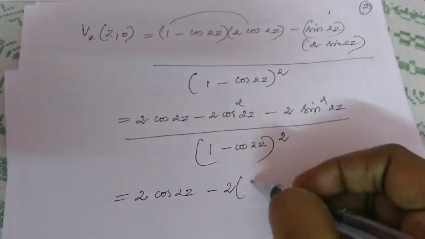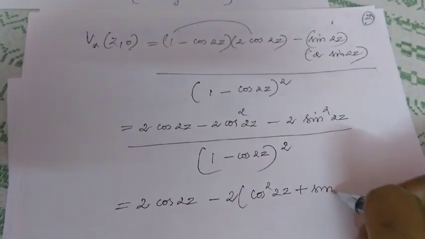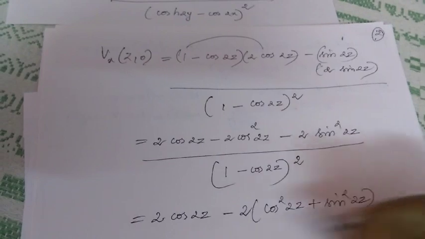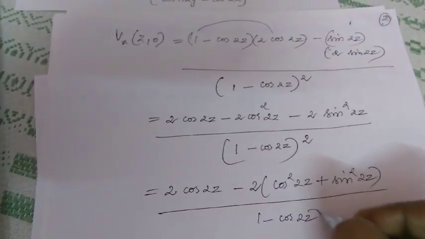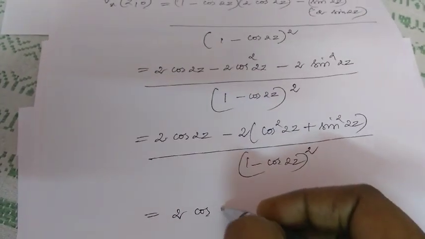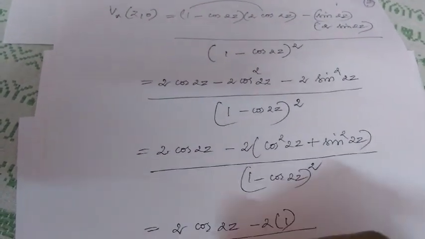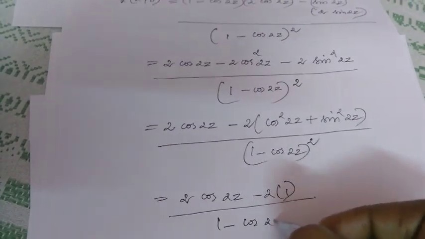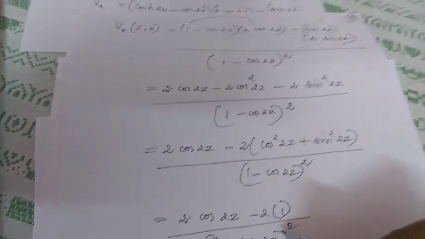So you will get cos square 2z plus sin square 2z by 1 minus cos 2z whole square, and that is equal to 2 cos 2z minus 2 into 1 by 1 minus cos 2z whole square, since cos square theta plus sin square theta, the value is 1.